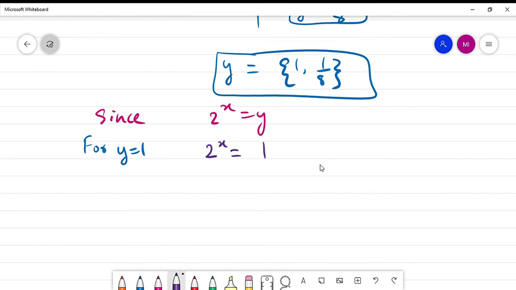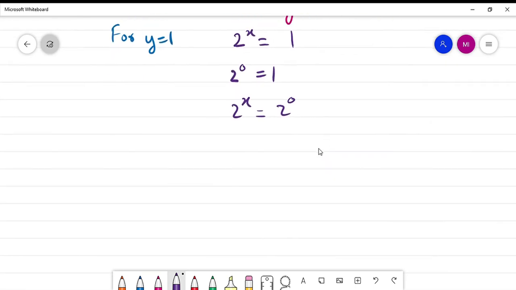And I'm pretty sure you guys know, but if you don't, anything to the power of 0 equals 1. So 2 to the power of 0 is equal to 1. And if you didn't know, now you know. 2 to the power of x is equal to 2 to the power of 0.